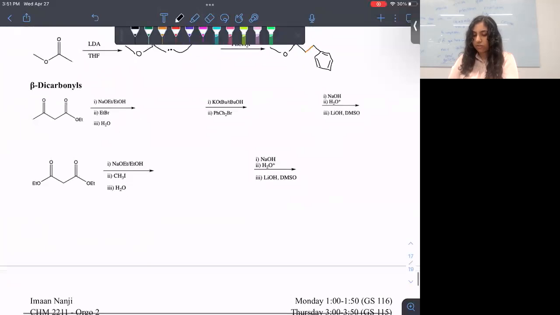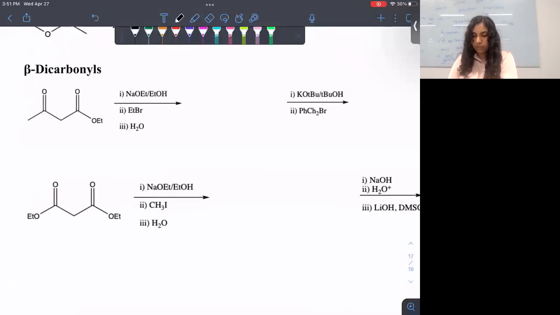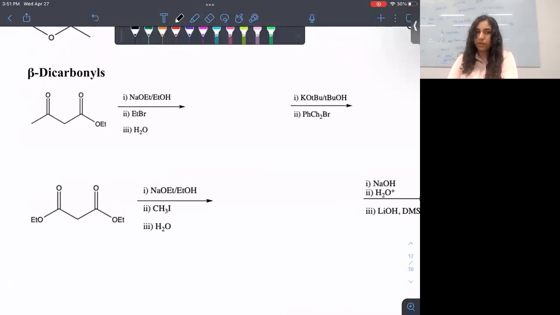So there's some other stuff you can do with beta dicarbonyls. It's called a beta dicarbonyl because when you have your carbonyl, remember the carbonyl carbon is 1, the next carbon over is alpha, and then the carbon after alpha is beta.